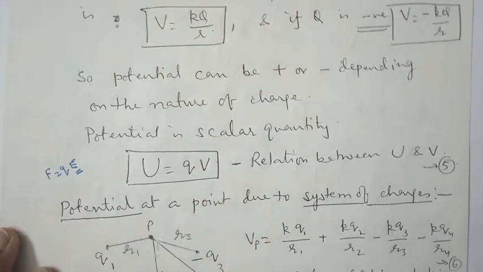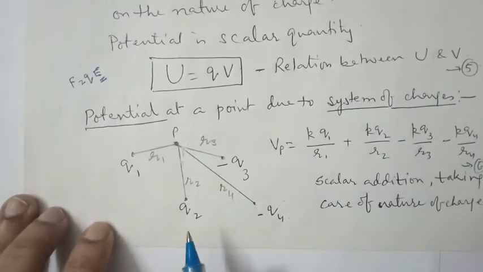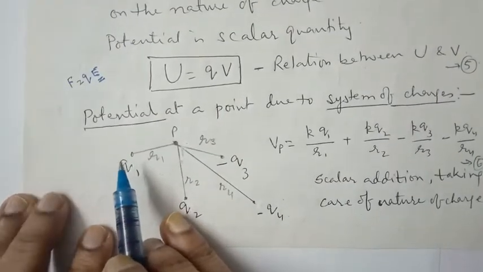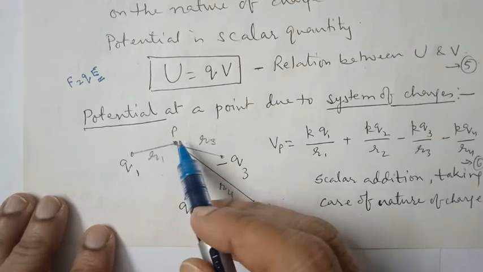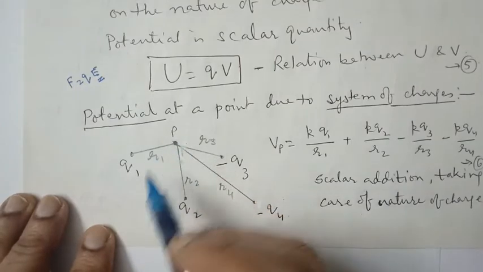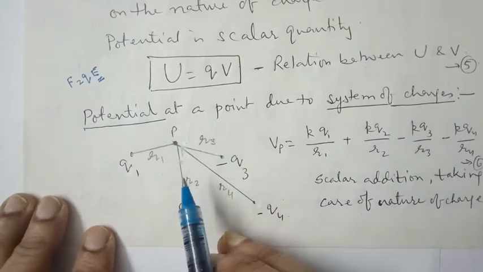Now I go ahead with a system of point charges. That means I have taken charges Q1, Q2, Q3, Q4. These 2 are positive, these 2 are negative, and I want to find the potential at point P. As I said, potential is a scalar quantity, hence dealing with such a situation is very easy.